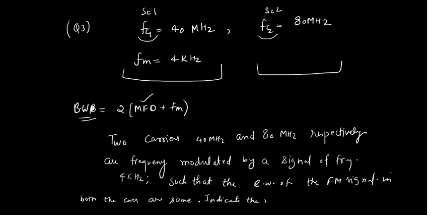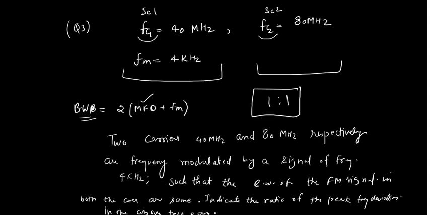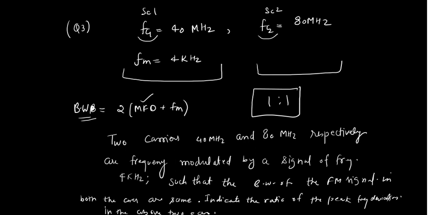Indicate the ratio of the peak frequency deviations in the above two cases. So this is the question. The answer is 1:1 because our bandwidth does not depend on the carrier frequency. So this was a trick question, and I think very few of you solved it correctly.